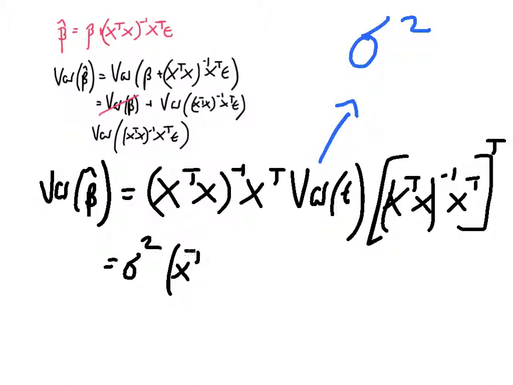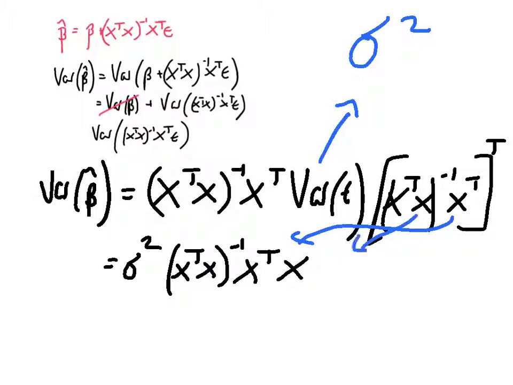We can leave this part in, and then we can do a little bit of tidying here, because we can use our rule that the transpose of a product is the reverse of the product of the transposes. We can bring this here and transpose it, and we can bring this here and transpose it, but of course it's symmetric, so it stays the same.